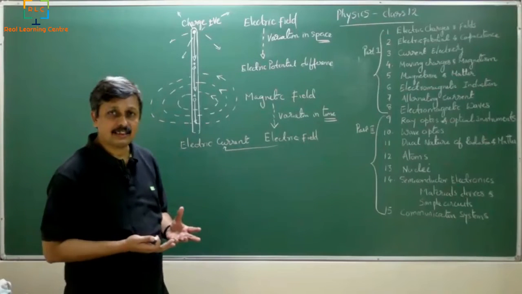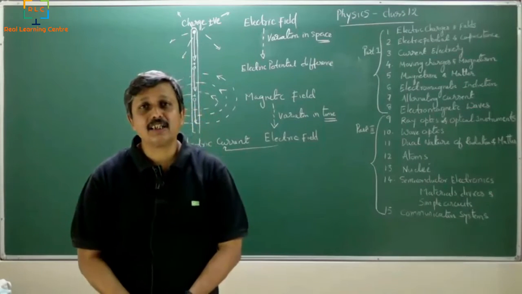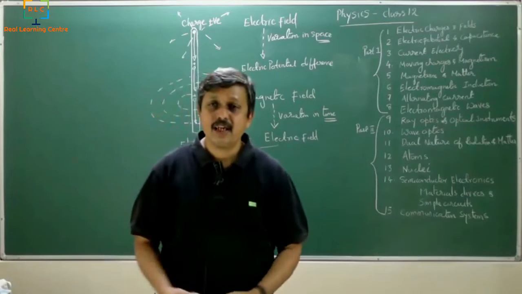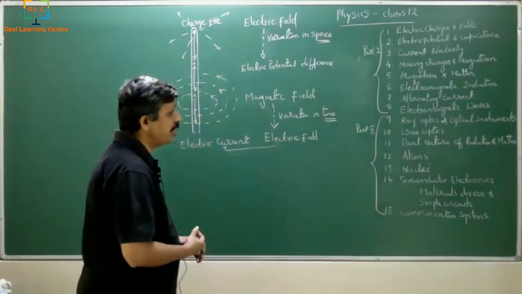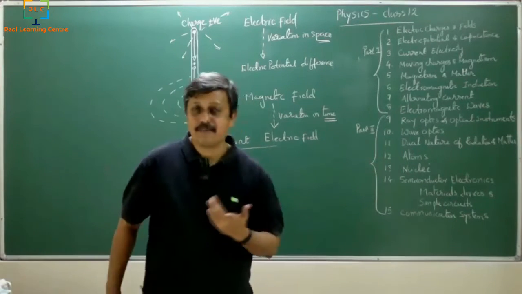A famous scientist named Maxwell got these two things together and created a mathematical model to deal with them together as the same entity. That is what we study when you go into electromagnetic waves, which is the 8th chapter.